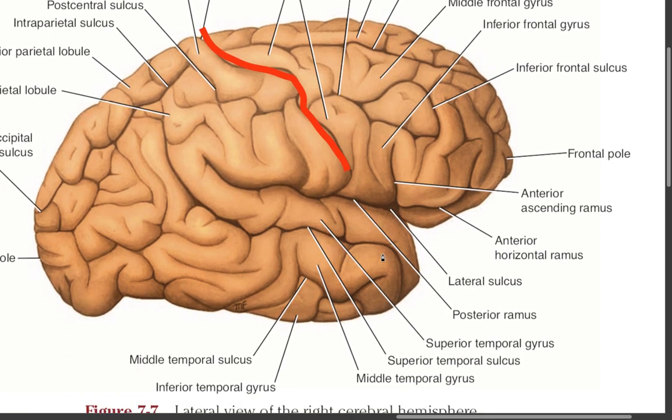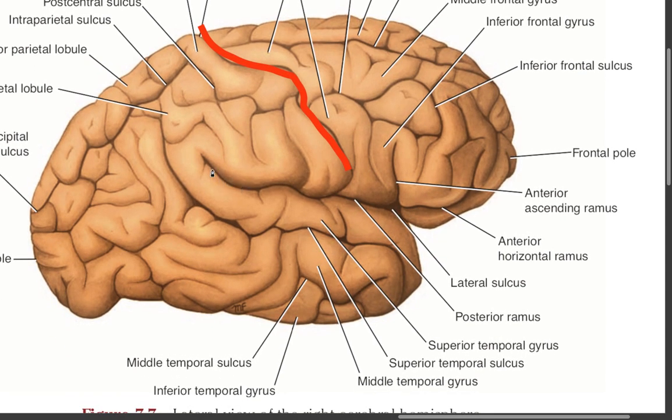And in here, the temporal sulcus. There is another important sulcus called the lateral sulcus. This is the side where we will have the lateral sulcus. The lateral sulcus extends upward to form the anterior ascending ramus of the lateral sulcus, and this is the anterior horizontal ramus, which is horizontal in shape.